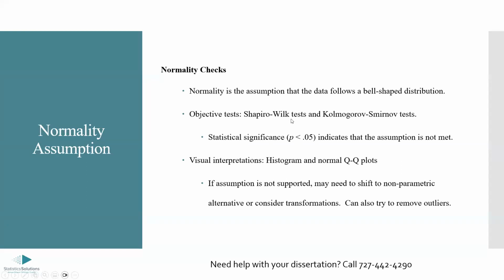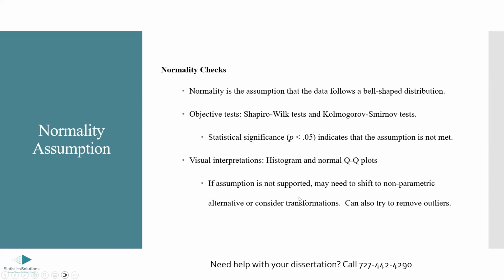Instead of doing a Shapiro-Wilk or Kolmogorov-Smirnov, you can look at histograms instead. So histograms or normal QQ or PP plots, that's a visual interpretation, which is valid, but it's more subjective because everyone will interpret a scatter plot or a histogram slightly differently. So I tend to go with the objective tests.